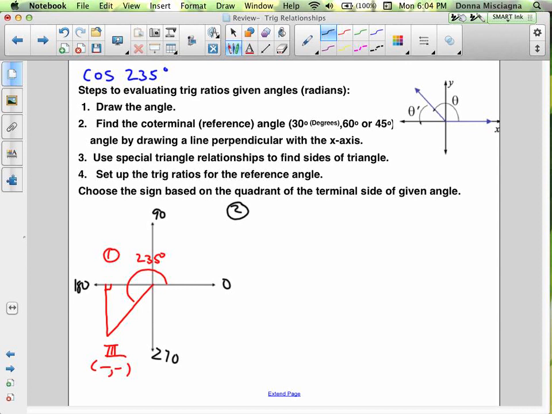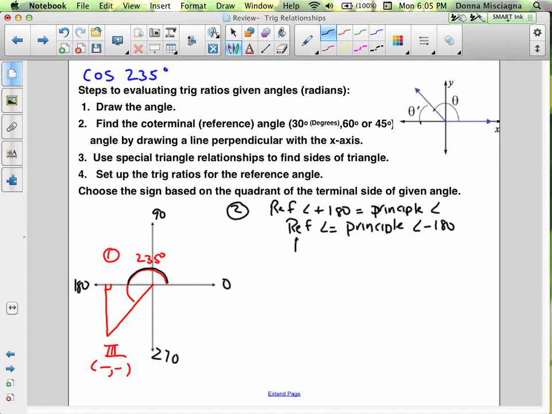Notice that if we take 180, which is that much, and add the reference angle, we would get the principal angle. So the reference angle plus 180 equals the principal angle, which means that the reference angle is the principal angle minus 180.